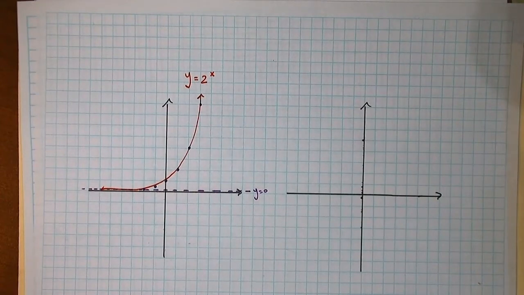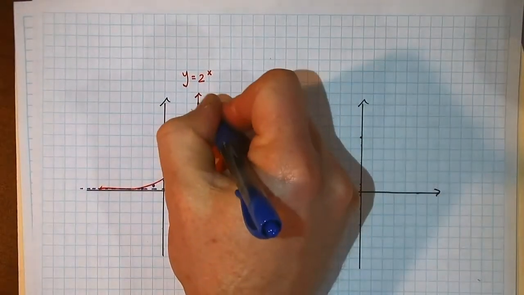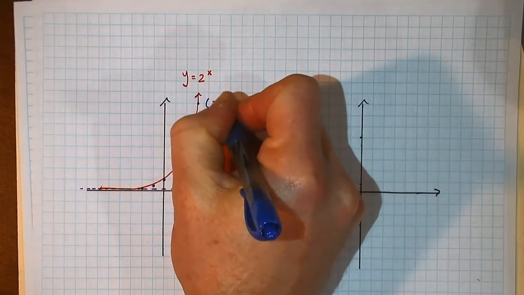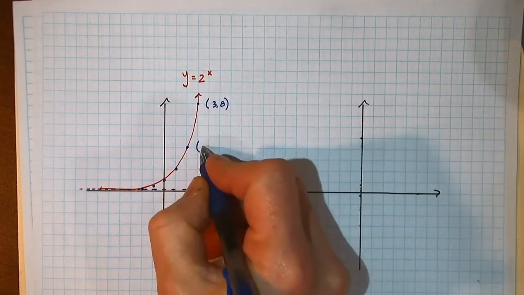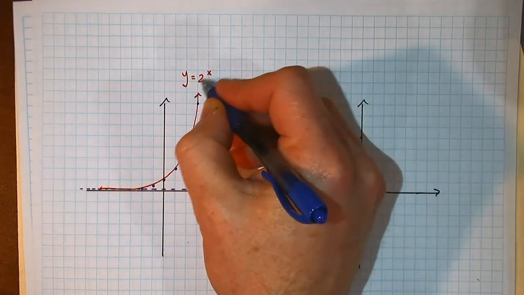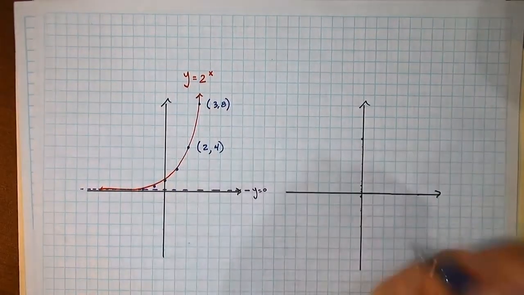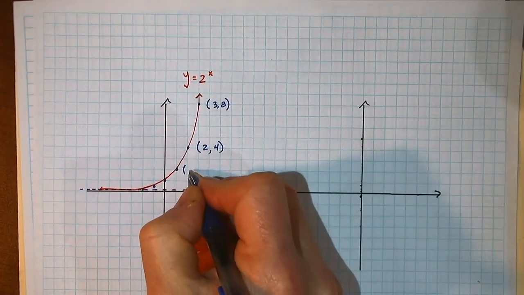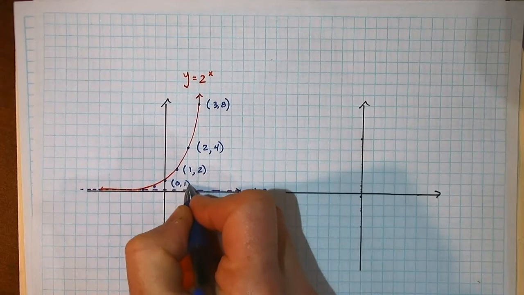We should be very comfortable if I asked you to make this graph to do that and to figure out that these are some points that are on the graph, right? We know that the way you find these points is you just plug in a number for x, and then you figure out what does 2 raised to that power equal, and then that's your y coordinate, right? So this is stuff that we have done, and we should be very, very comfortable with these types of problems.